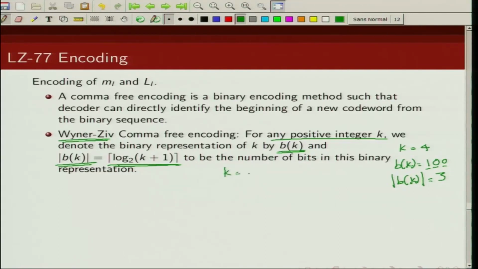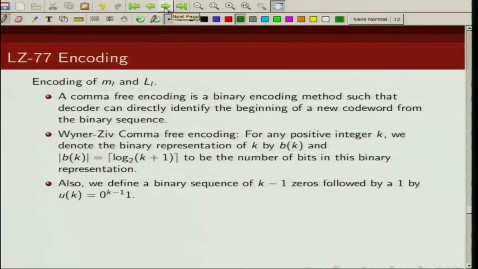Similarly, if k is 8, then b of k will be 1000, and this term will be equal to 4. Now they defined a binary sequence of k minus 1 zeros followed by 1, which they denote by u of k. So for example, u of 3 is 0 0 1, u of 2 is 0 1, like that.